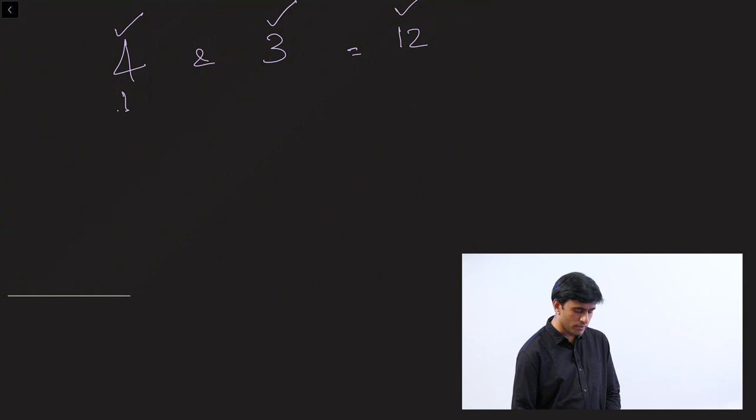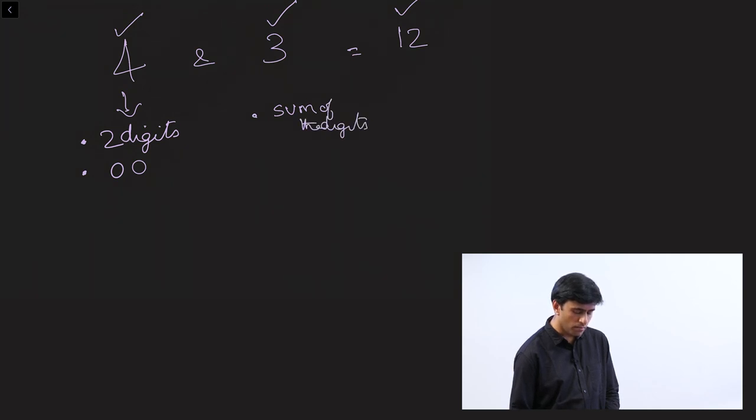To see if it is divisible by 4, you have to see if the last two digits form a multiple of 4, or if the last two digits are 0, 0. For 3, you just have to take the sum of the digits and see if the sum is a multiple of 3. That's your divisibility test for 12.